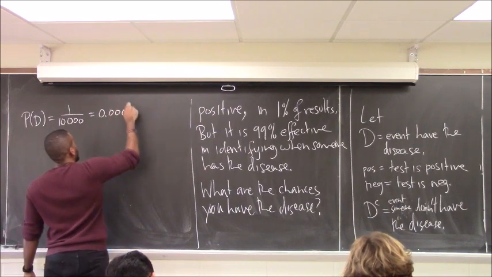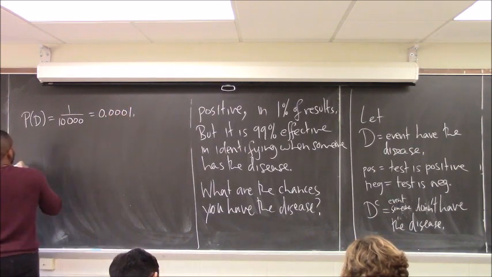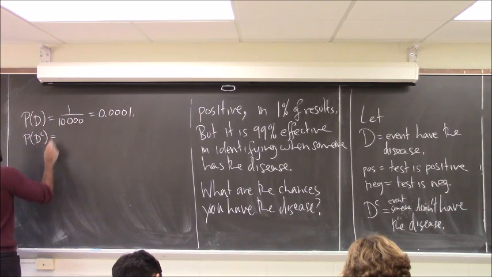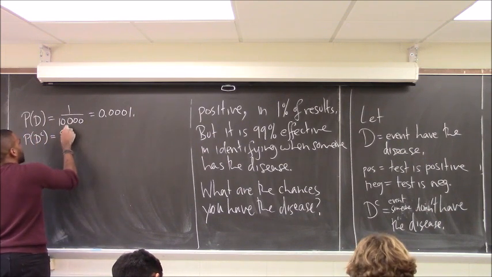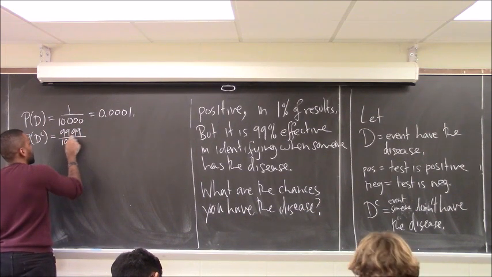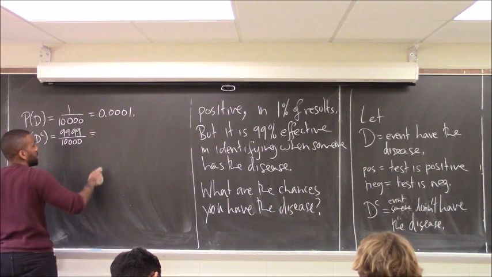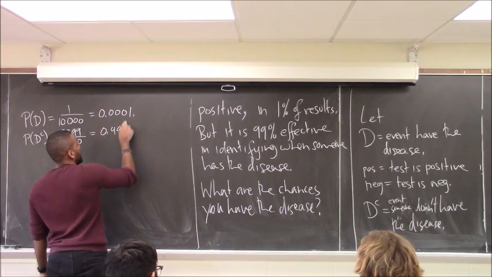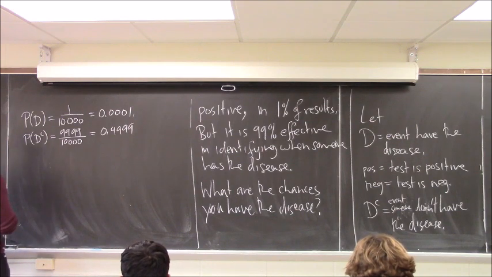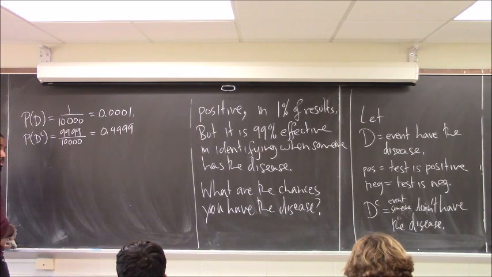Which means the probability of not having the disease is 1 minus that, so that's going to be 0.9999. Okay.